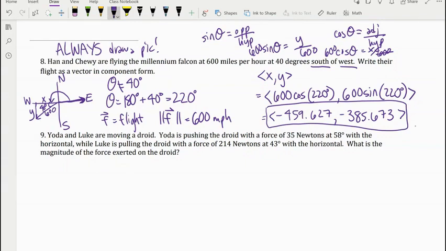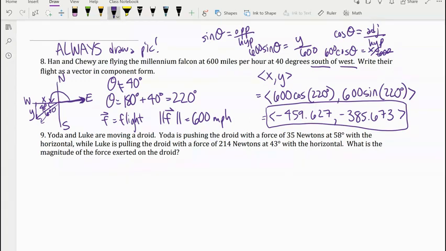And since I'm going only 40 degrees south of west, my x and y are pretty close numerically, because 40 degrees is pretty close to 45. 45 degrees would be exactly in the middle, which would mean my x and y are the same number. But since I'm a little bit less than 45 degrees, my x's and y's are slightly different numbers. They're both close to 400, but they are obviously going to be different.